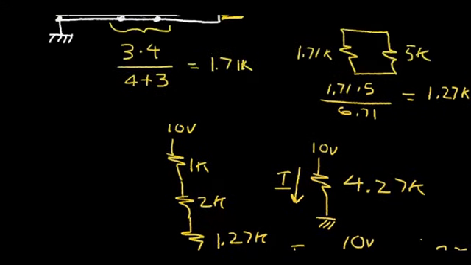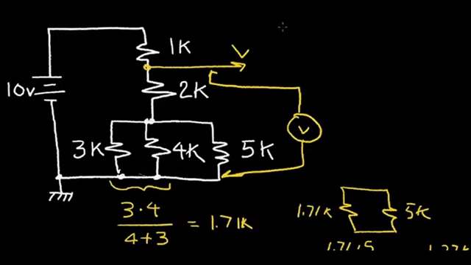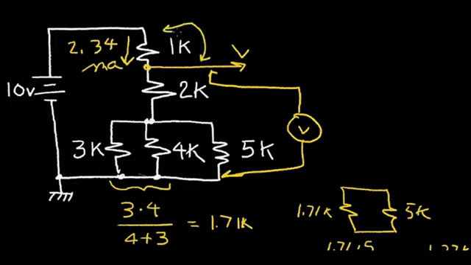So let's go back up here. We calculated our current flowing here at 2.34 milliamps. So now we can calculate the voltage across this 1 k ohm resistor.